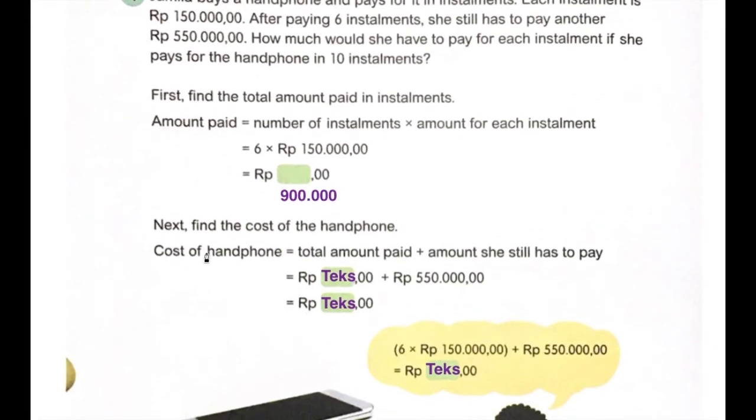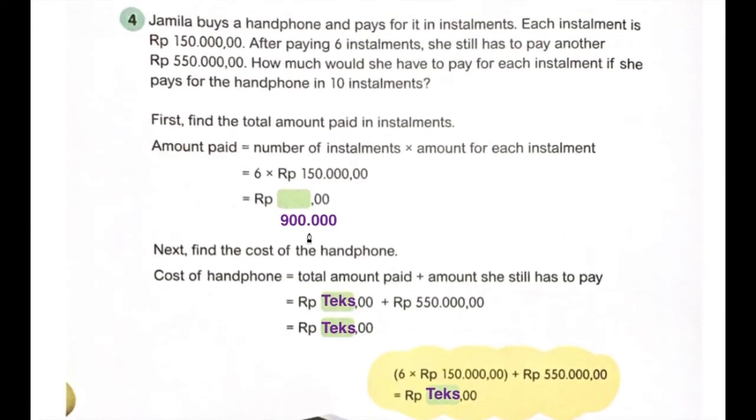Okay, next one. Find the cost of the handphone. Cost of the handphone is the total amount paid plus the amount she still has to pay. It said after paying 6 installments, she still has to pay another 550,000.